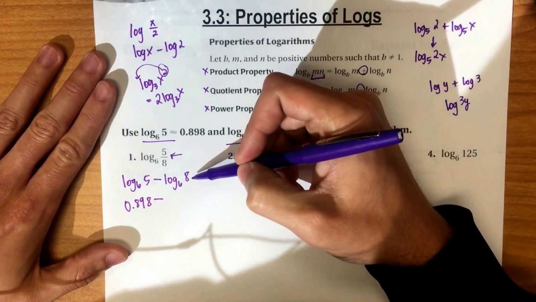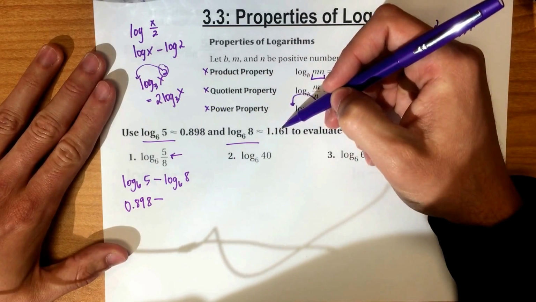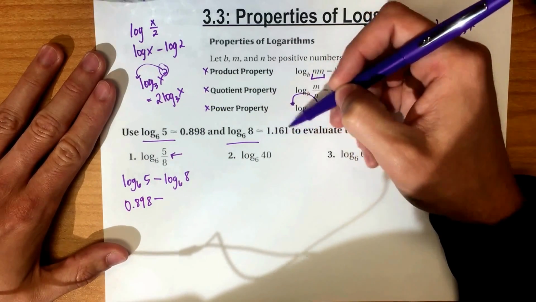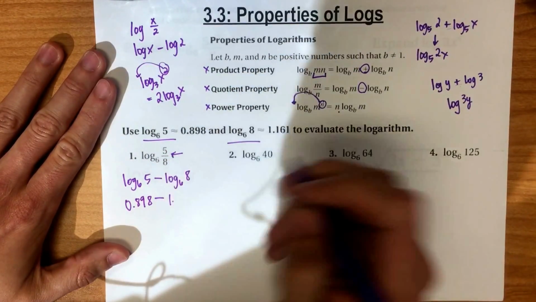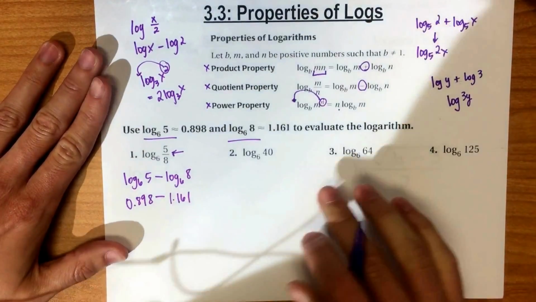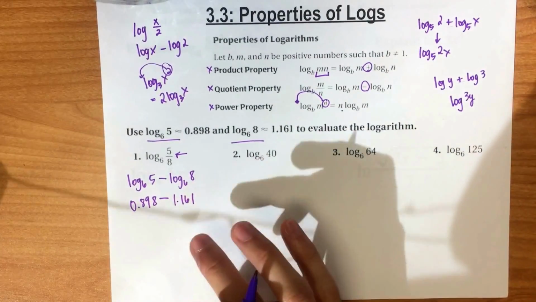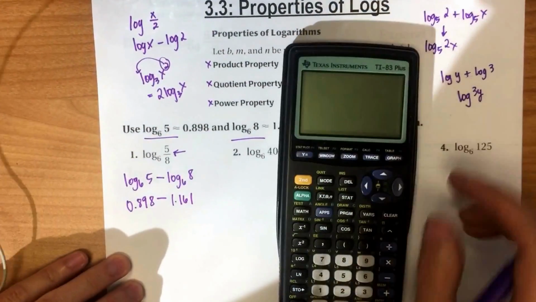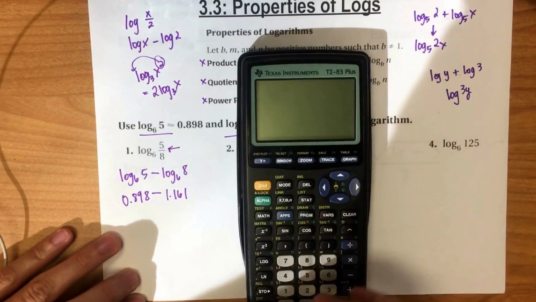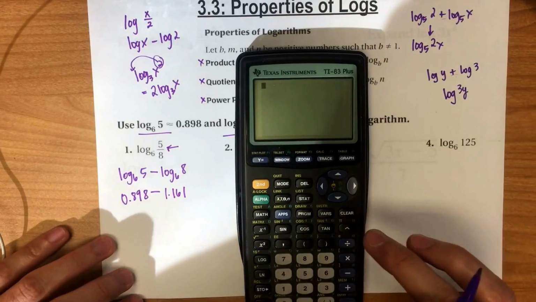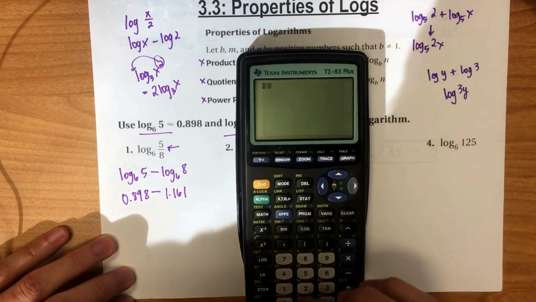I have a decimal for log base 6 of 8. It's 1.161. So I'm going to take that and put it down here. And all I have to do now is subtract those two decimals, and it will give me the evaluation, or an approximate evaluation, of log base 6 of 5/8.